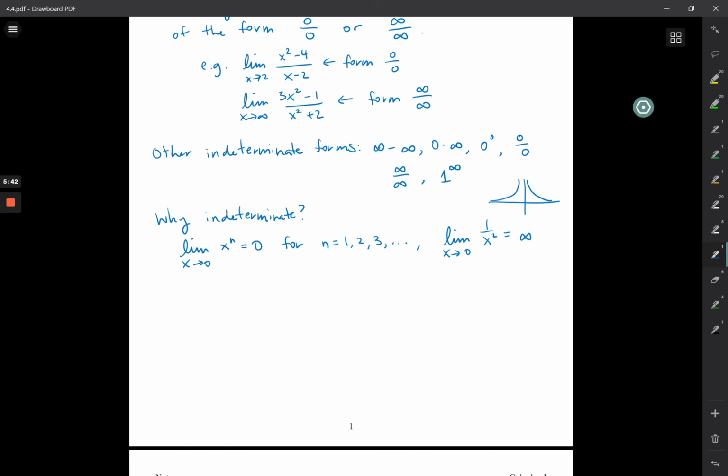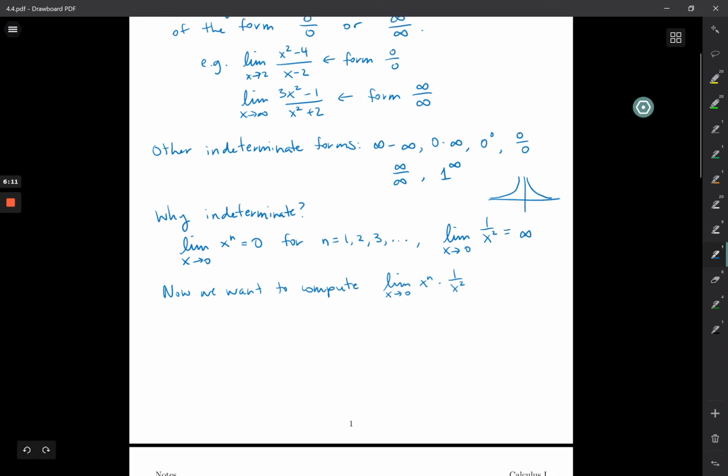Okay? And so notice that we want to compute the limit as x goes to 0 of x to the n times 1 over x squared for different n. Okay, and so notice that if you were to apply a limit law, let's split it into two pieces.